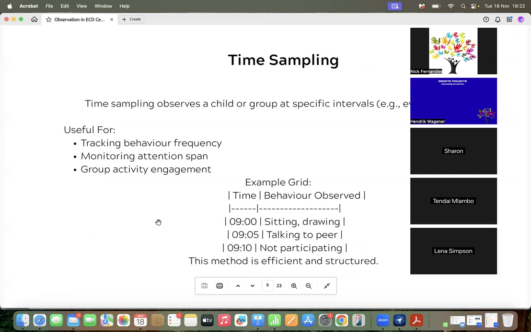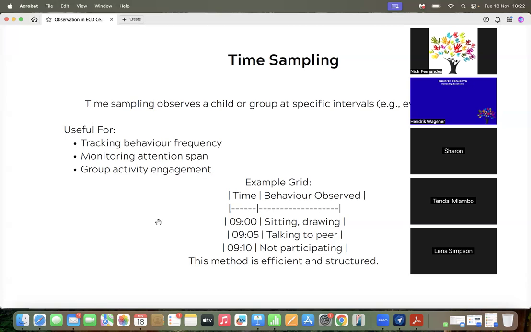Okay, time sampling. Time sampling observes a child or a group at a specific time. Usually, I say that time sampling needs to happen at fixed intervals. That means every 15 minutes or every 25 minutes, you just check, you observe, you track.